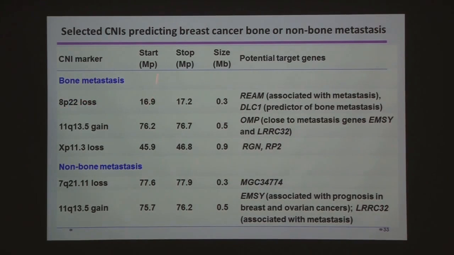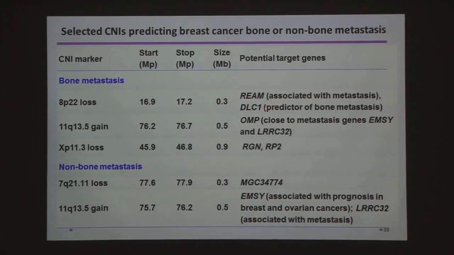This 8p22 had the start and stop point. These were fairly large regions, so we wanted to look at the genes that could be important as potential targets. And there were genes in those areas that looked like they could have some potential targets.